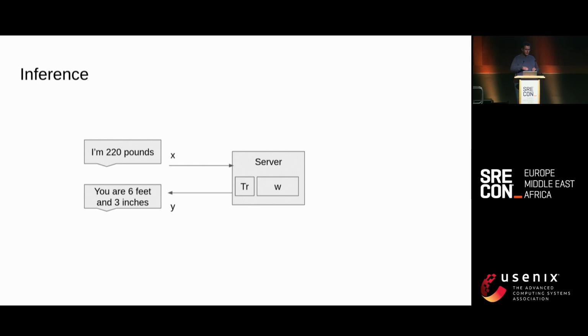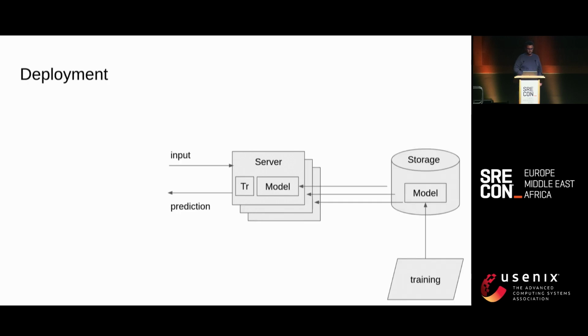When it receives the answer from the server, from the matrix multiplication, it will do the opposite transformation from kilos to feet and inches. So the vocabulary again: we have the concept of the transformer that is doing the pre and post transformation, and the model server itself is important to do the matrix multiplication and only that, nothing else.